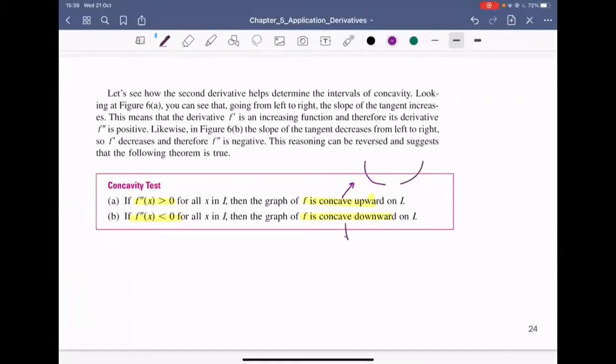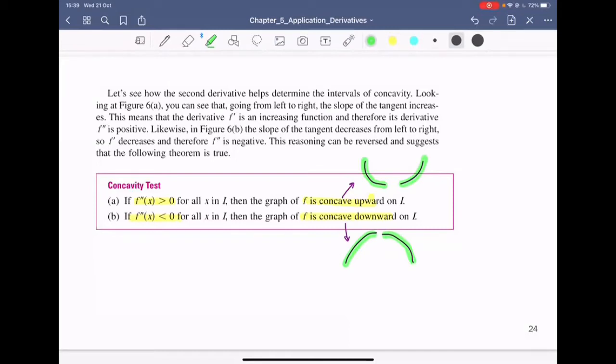Concave down is the case where the function goes like that, or like that. The first one that I highlighted in green is a decreasing function and concave up. Here is a function that is increasing and concave up. This is increasing and concave down. This is decreasing and concave down.